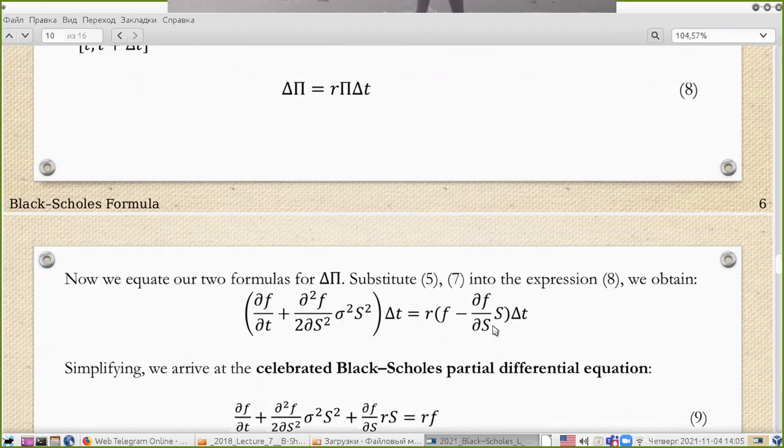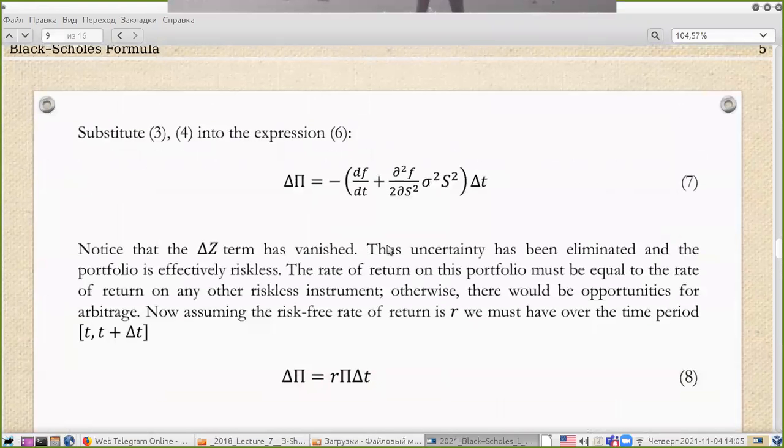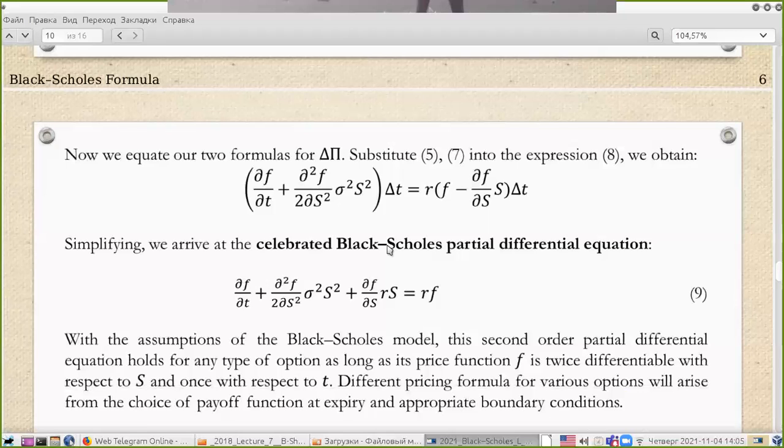We multiplied by minus 1 because it's with minus, and it's more convenient to have plus on the left and right sides, so we change these terms. And we cross out this delta t.